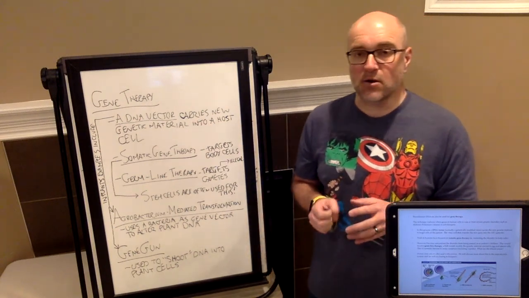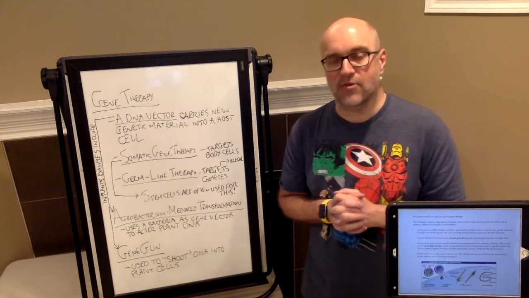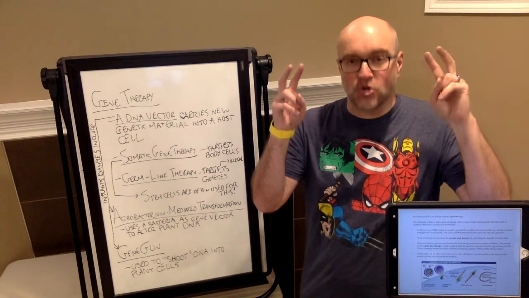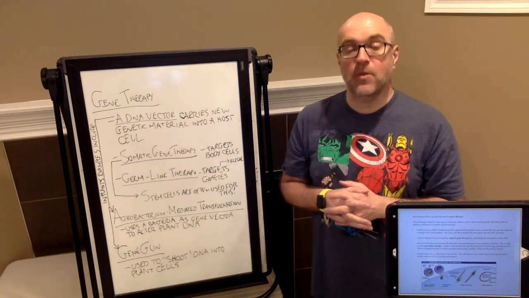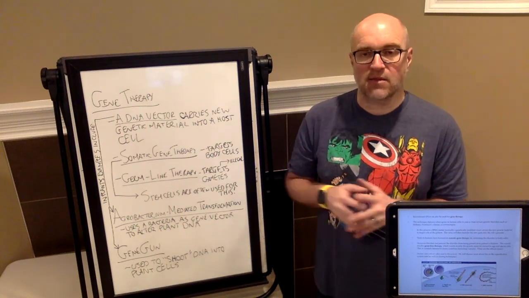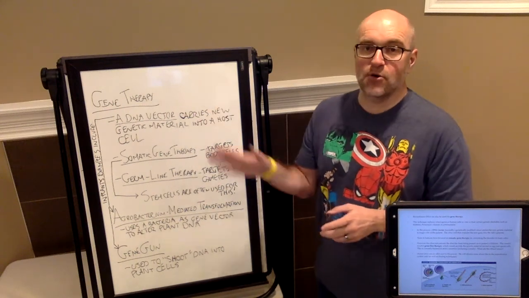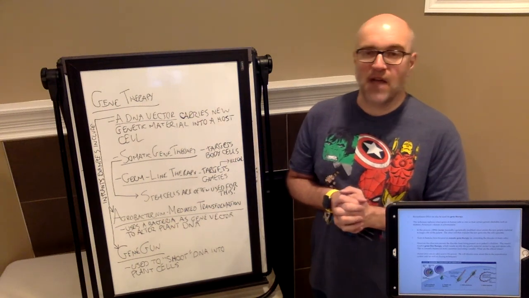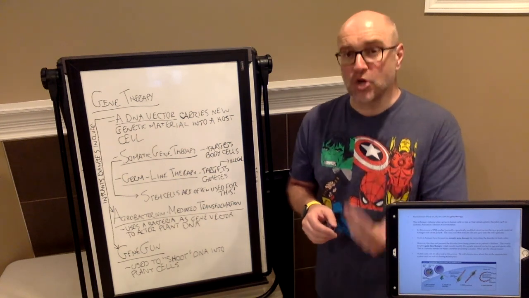A DNA vector is a method of delivery for DNA that is going to correct the problem. We are going to target the gene in those cells in the respiratory system that have the faulty cystic fibrosis gene, and we're going to try to inject those cells using a DNA vector to replace the defective gene with a good one.